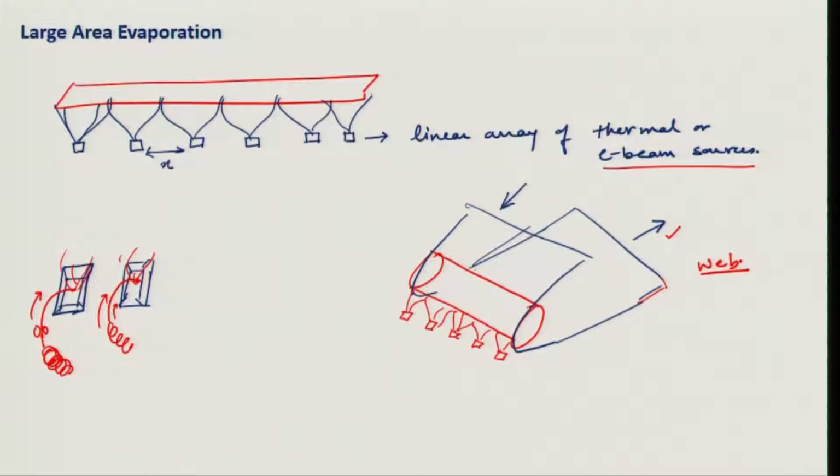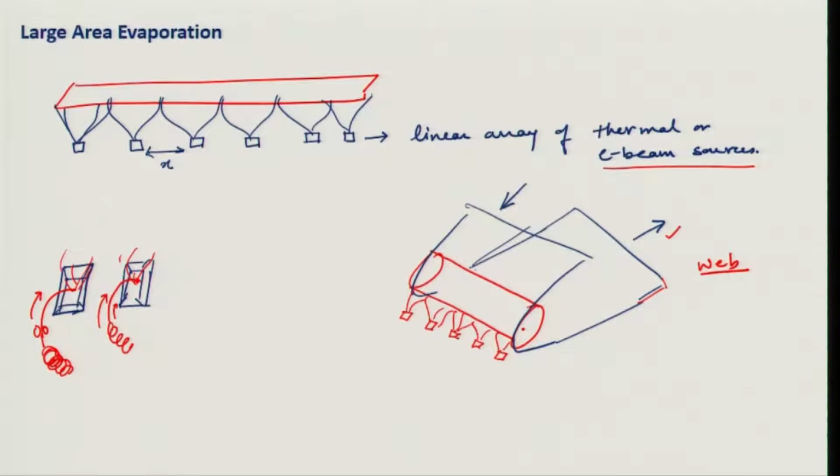So, the pull of the web, and also the feed rate of the wire into these boats, which are kept at a constant temperature. Okay. And you can also do inline monitoring, and you can adjust the temperature of these crucibles to have a more uniform deposition across the width of the web.